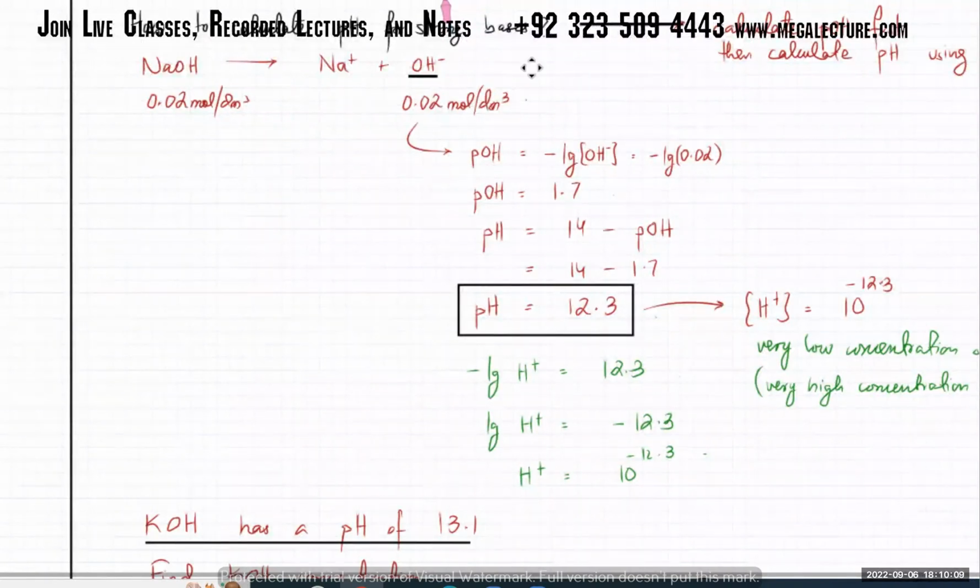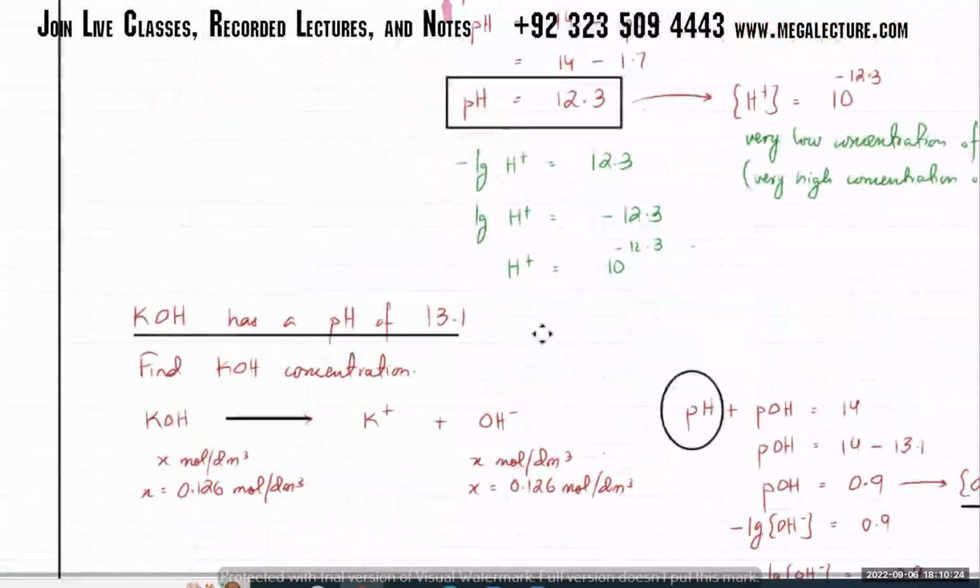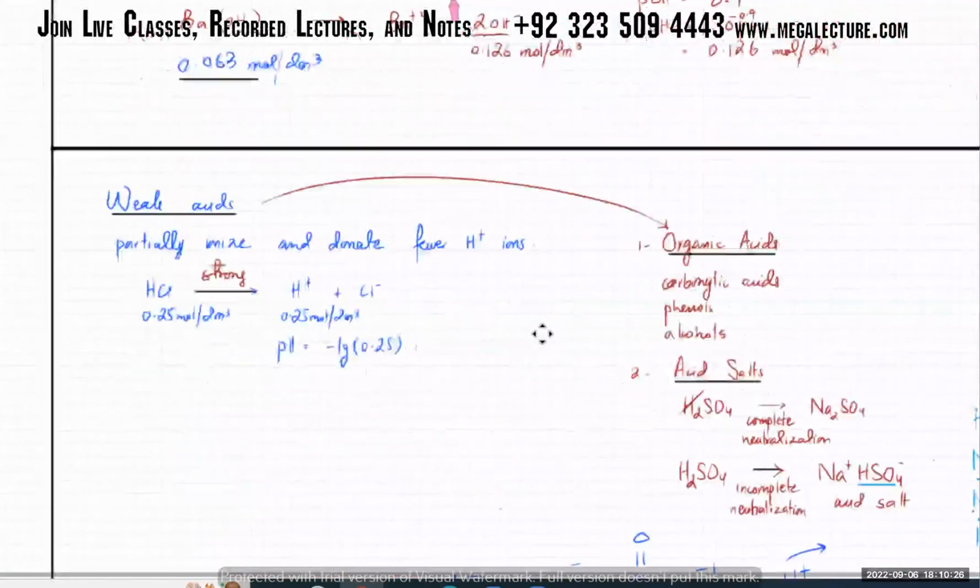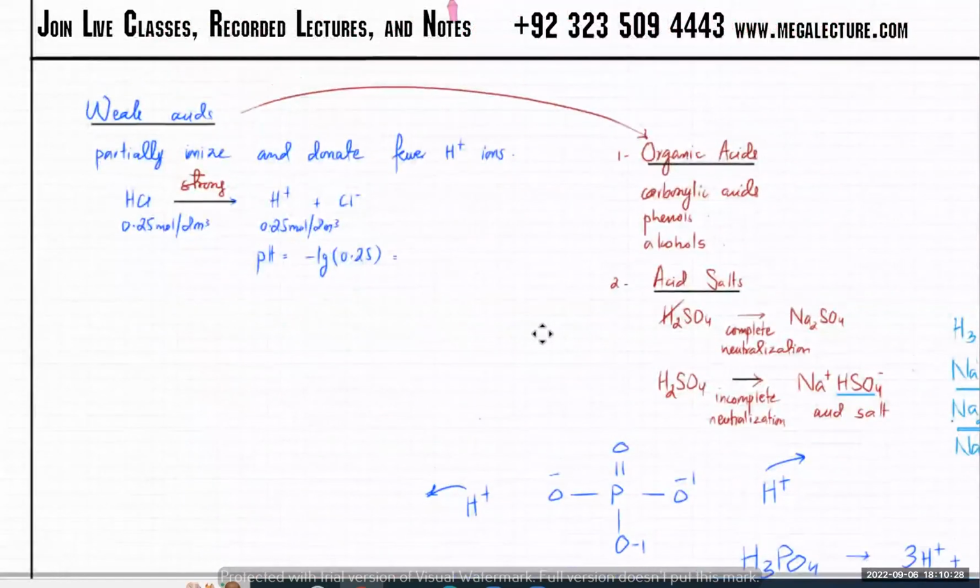You know the OH ion concentration, you take the negative log of that and you get pOH. pOH निकालने के बाद all you have to do is just subtract from 14 and you'll get pH. So that was what we did, and then we started talking about weak acids.